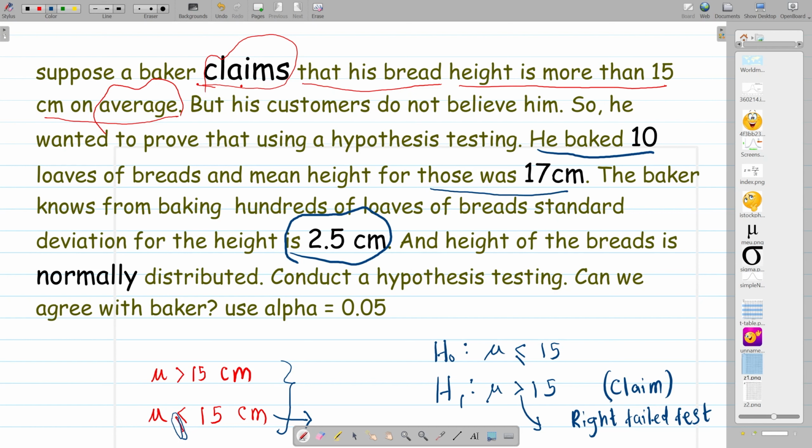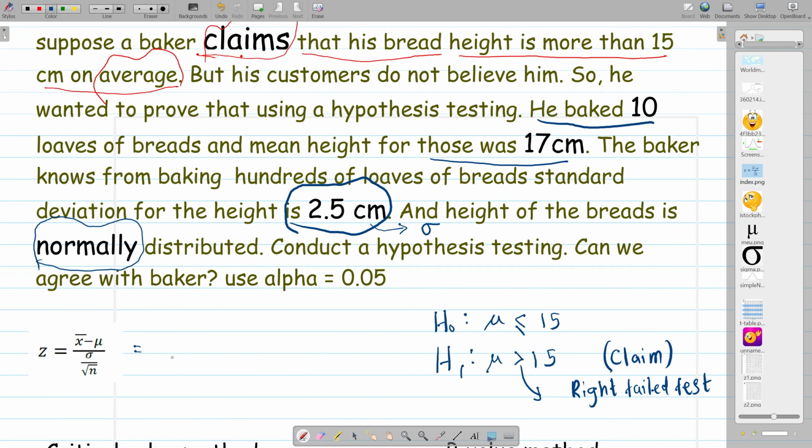Here x bar equals 17. That means the mean height for those baked 10 loaves of breads is 17. But the standard deviation is not something that belongs to a sample. So this is the population standard deviation. And height of the bread is normally distributed. Now, the normally distributed height and the population standard deviation is given. Therefore, we use the Z distribution.